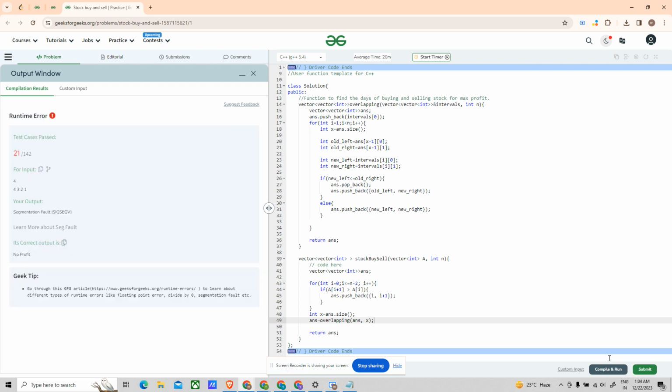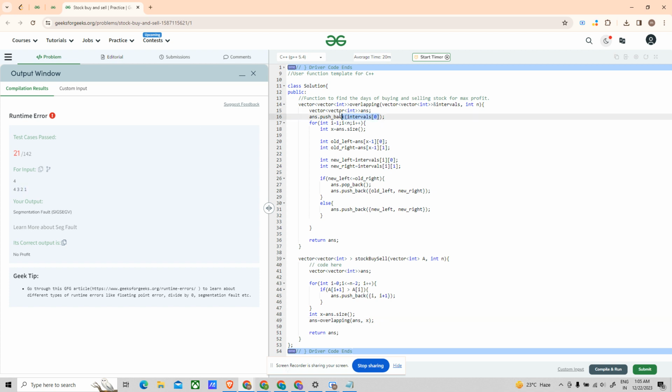No, segmentation fault. There has been a mistake, guys. But what mistake? Oh, it is not handling this one. Suppose there is no segment present, 0 comma 0. So what do we have to do in that case?